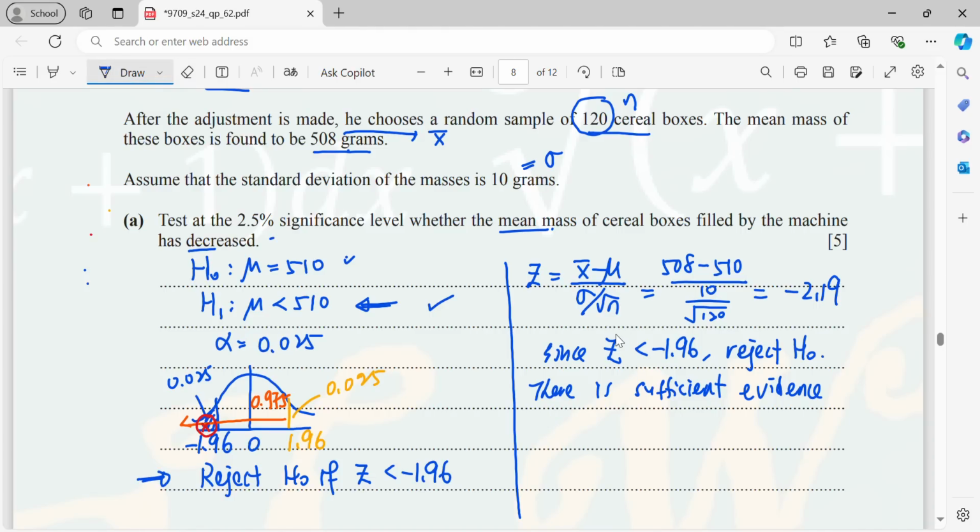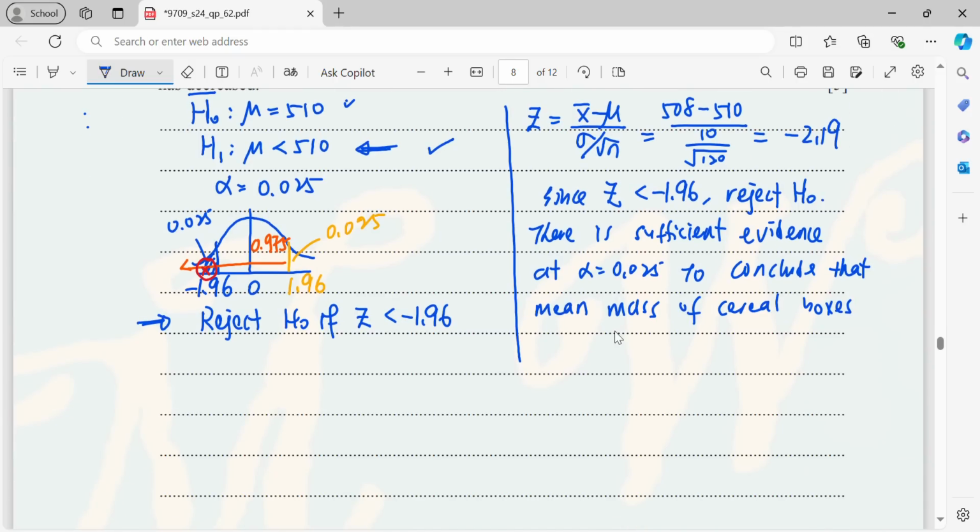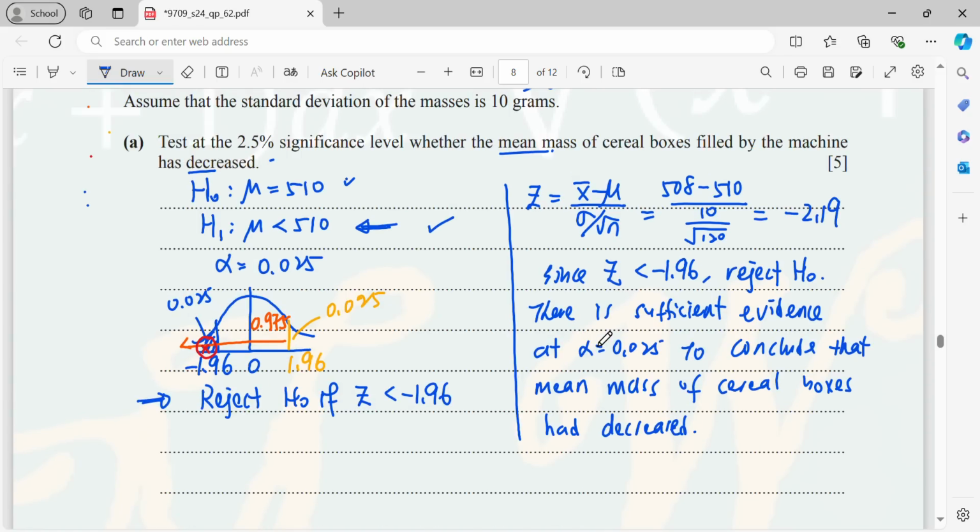So there is sufficient evidence at alpha equals 0.025 to conclude that the mean mass of cereal boxes has decreased. Okay, so this is the conclusion for the hypothesis testing.